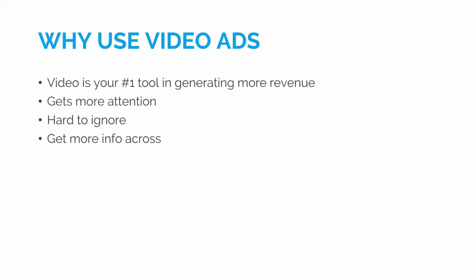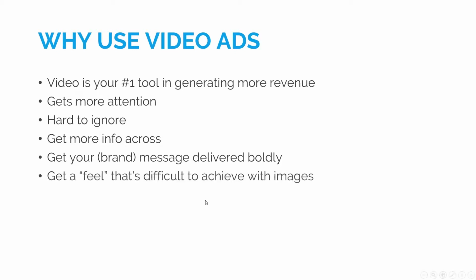Also, as opposed to static images, video has the dimension of time. In static images, you can only show one frame. Video allows you to show multiple frames and get more information across than just a static image or text. It also helps your brand or your product or your service speak boldly and make a better impact on your audience.